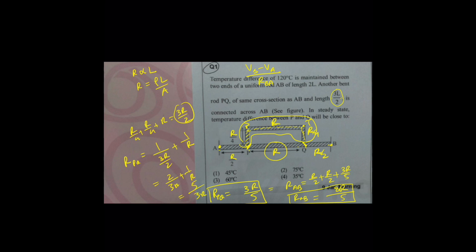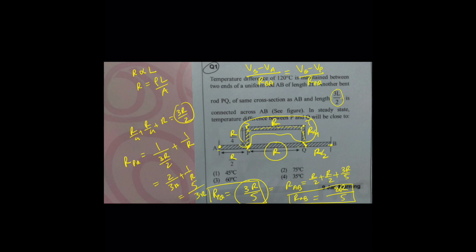And as this part is in series right now, because I've converted and simplified the entire thing, the current between A and B will be equal to the current between P and Q after the simplification. So I can write this as VQ minus VP upon the resistance between Q and P, which is nothing but 3R upon 5. So first I'll write simply the resistance between P and Q, after the simplification.